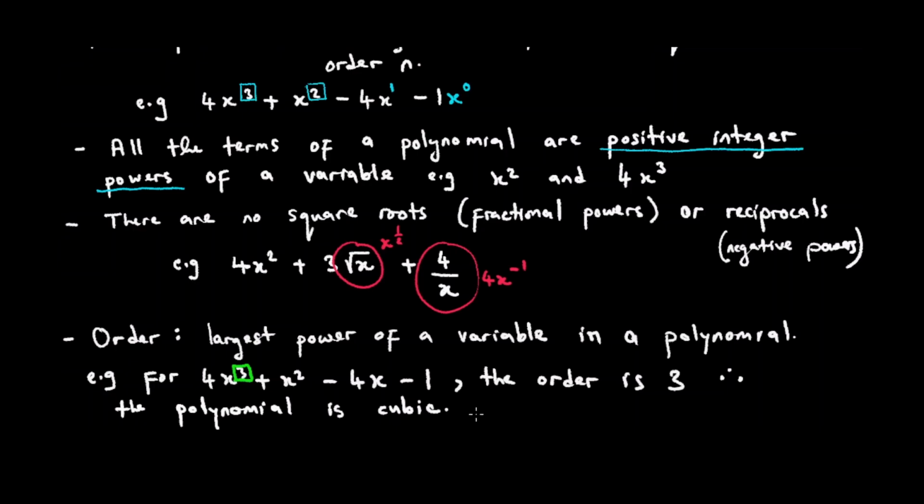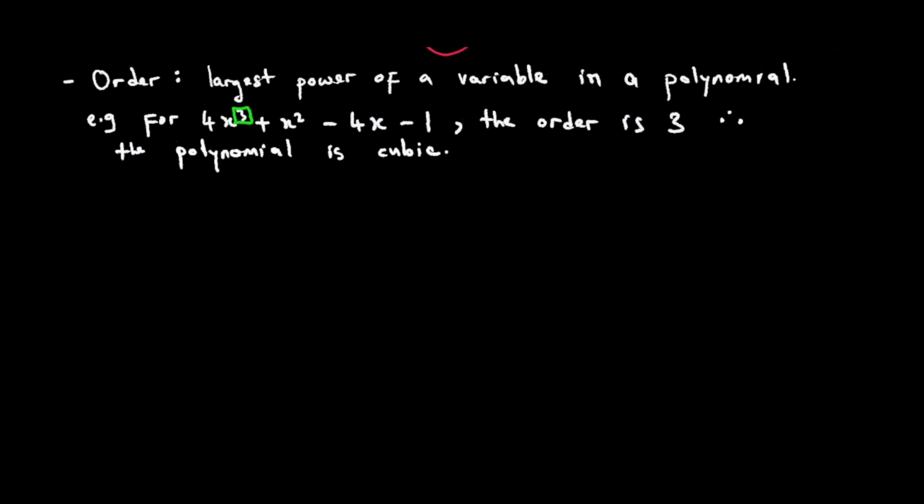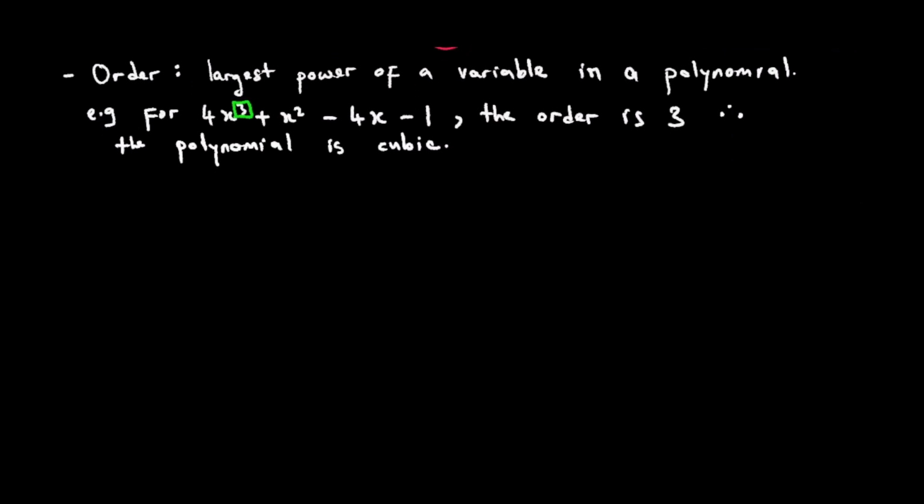So the order of a polynomial gives us the nature of that polynomial, or the family of expressions where that polynomial belongs. We can double down on this. Of course, this is going to be more like a recall. You are supposed to have learned this in your ordinary level mathematics, also in your A-level pure mathematics.